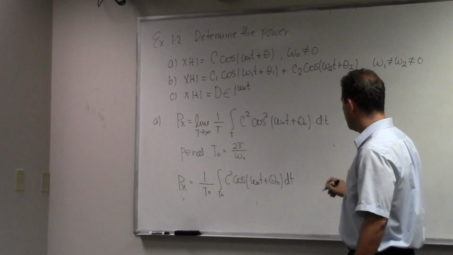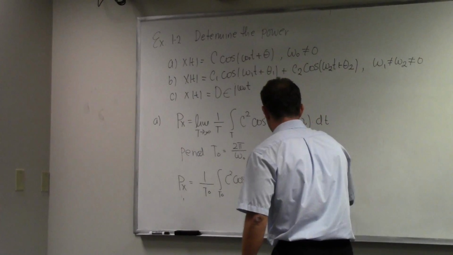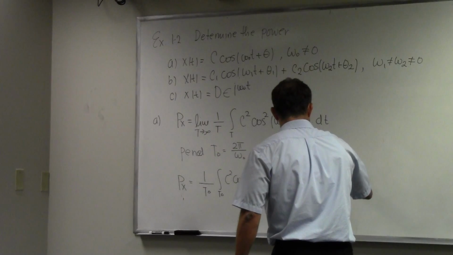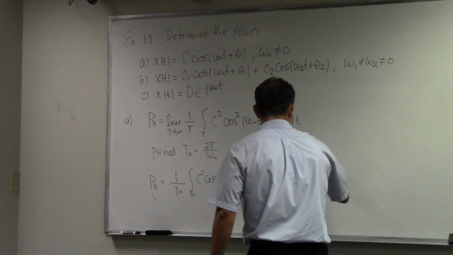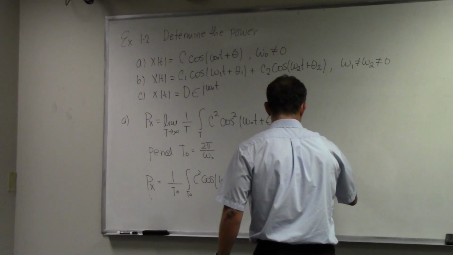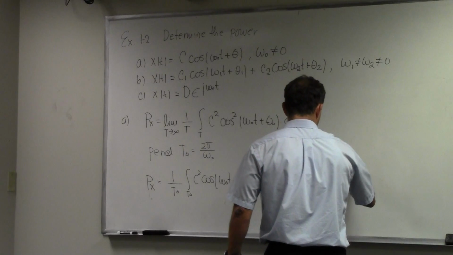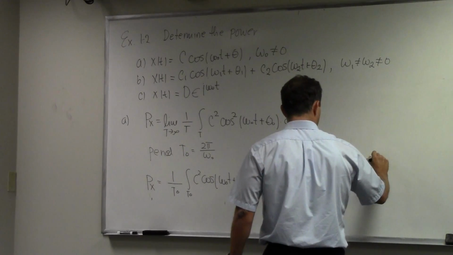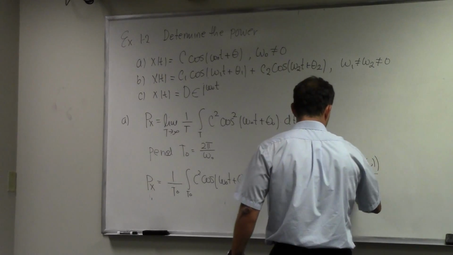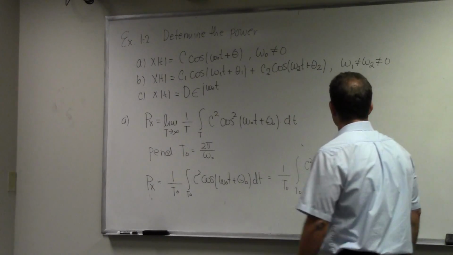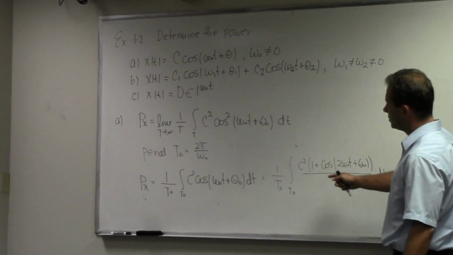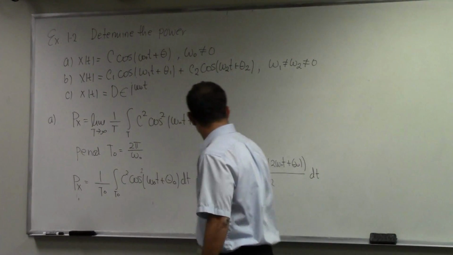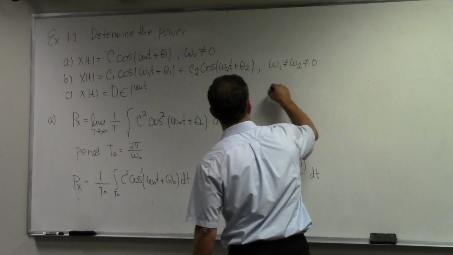This can be simplified: 1 over t0, integral over t0, c squared, 1 plus cosine of 2 omega 0 t plus 2 theta 0, everything divided by 2, dt. What did I do here? I used the trig identity.